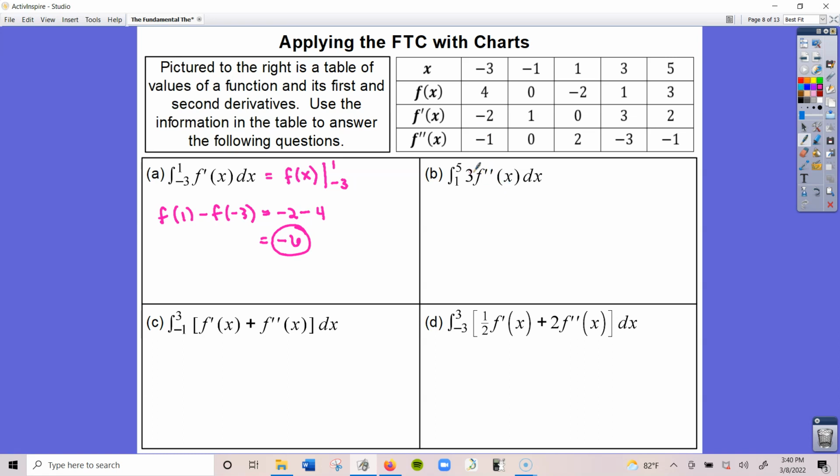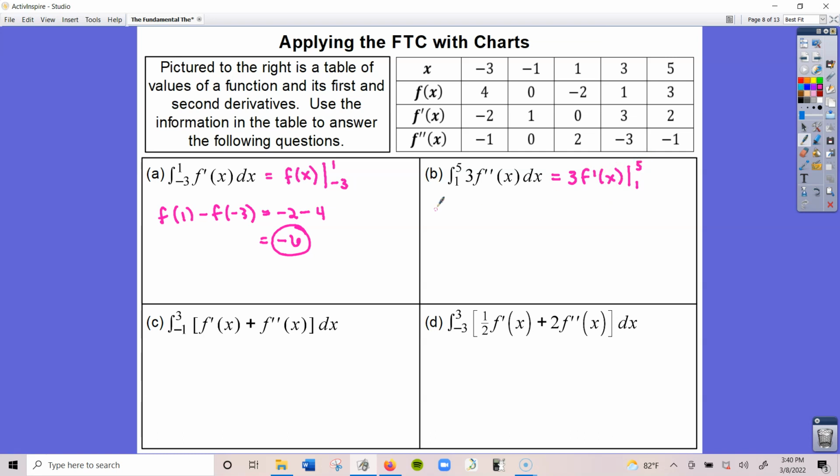Now over here we have the integral from 1 to 5 of 3 f double prime of x. When we integrate, remember a coefficient just tags along, and the integral of f double prime is f prime. And we're evaluating that from 1 to 5.